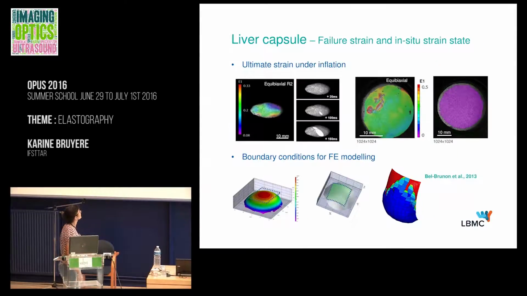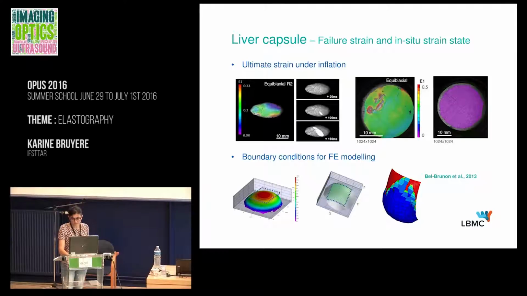So here you can see some results in terms of strain field, for example, for an elliptical sample, and you can see the propagation of the crack at the end of the test. And the DIC allows us to have the strain field and to assess some local ultimate strain near the crack.